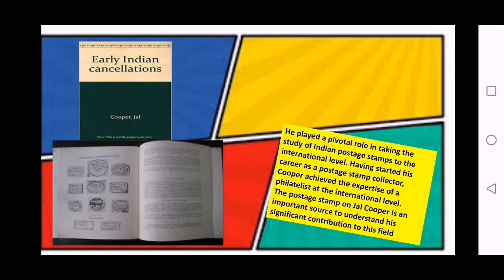He played a pivotal role, pivotal means important role, in taking the study of Indian postage stamps to the international level. Having started his career as a postage stamp collector, Cooper achieved the expertise of a philatelist at an international level. The postage stamp on Jal Cooper is an important source to understand his significant contribution to this field.